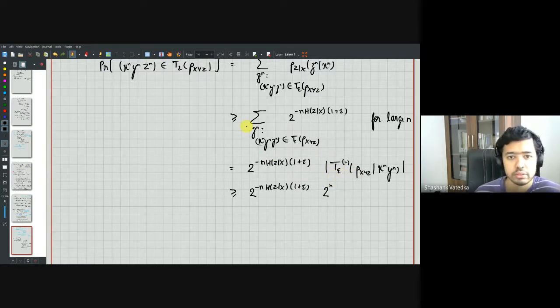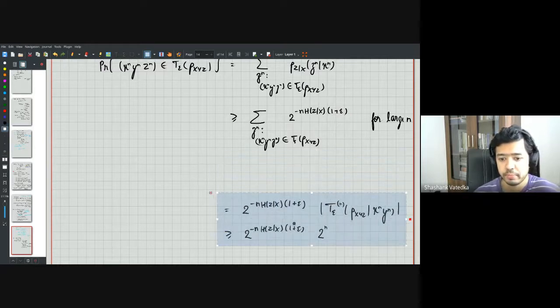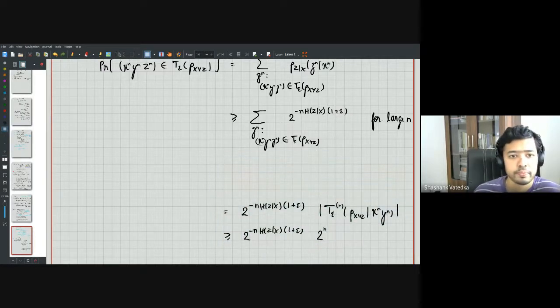Okay, so let's write it out more carefully. This is equal to, I'll just take this out of the summation, because it's independent of zn.